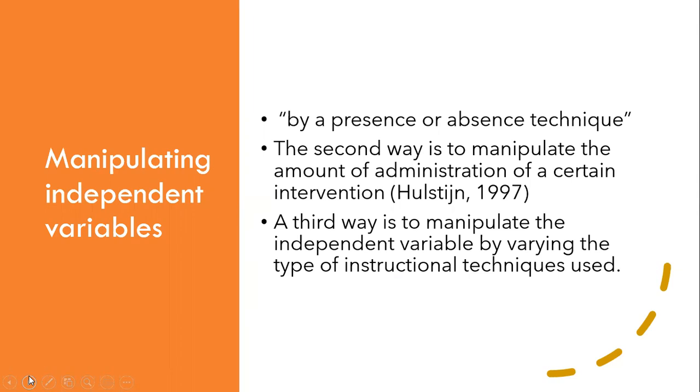Then the second way it mentions is to manipulate the amount of administration. So let's say that you have 2 groups and both of them are being experimented on, but one receives a different type of modification to the experiment than the other. And then a third way is to manipulate the independent variable by varying the type of instructional techniques used.